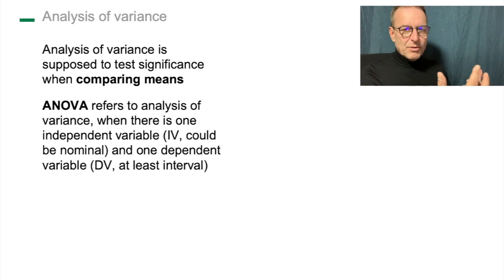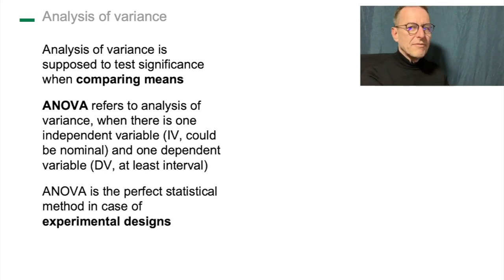And then you have one dependent variable, okay? That's something you very often have in experimental designs. You have a control group, you have an experimental group. In this case, you have two groups. Sometimes you have three groups because you have maybe a control group and two experimental groups.